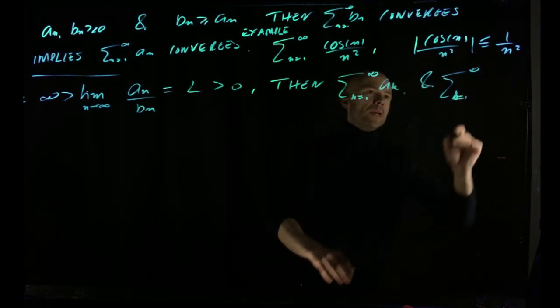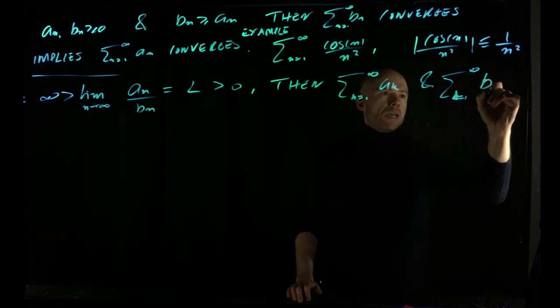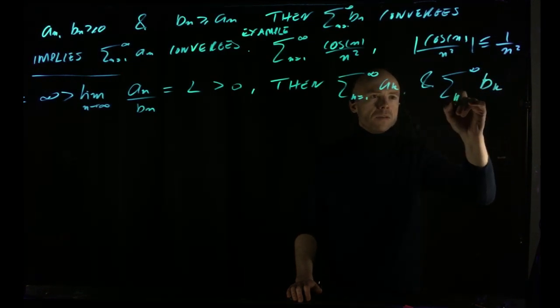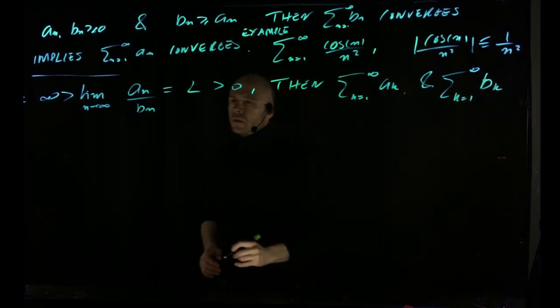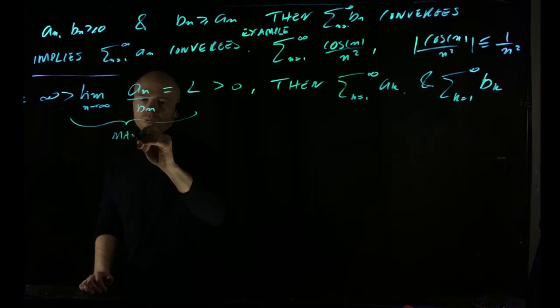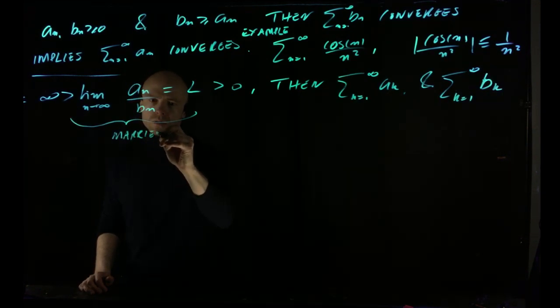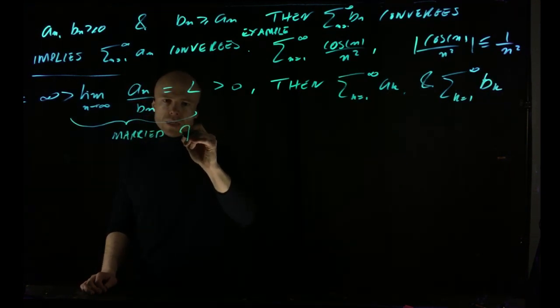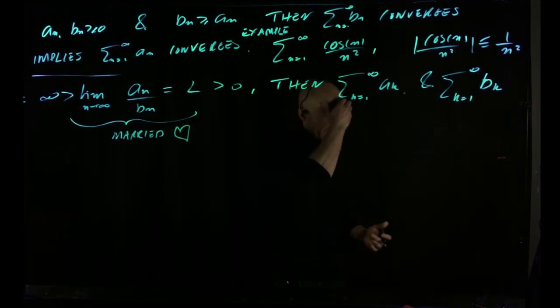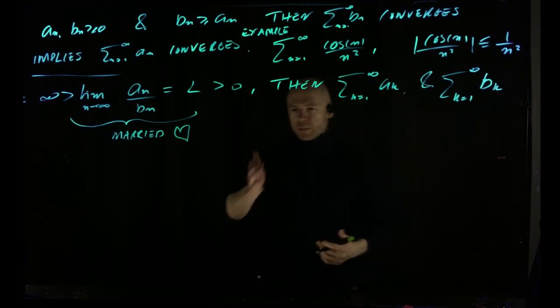Whatever a_n does, b_n does. If a_n converges, then b_n converges. If a_n diverges, then b_n diverges. And that's often useful when you have some ugly series and you can't make sense of it, but you'd like to somehow simplify your life.